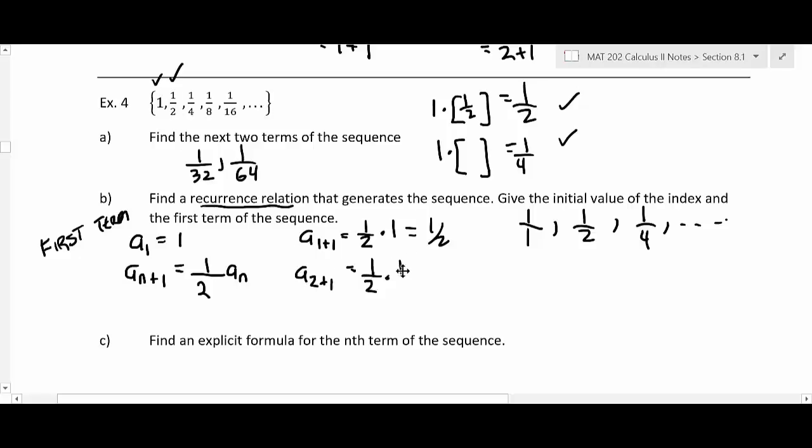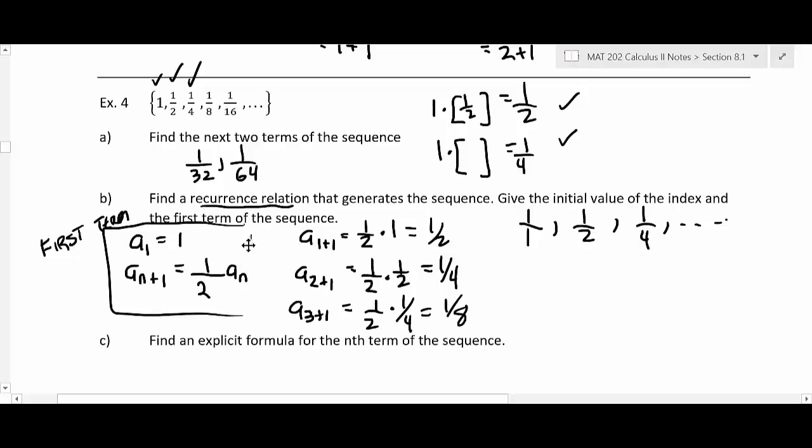A sub 2 is a half, so a half times a half is a fourth. So that's working out. What we're always doing is taking a half of the previous term. And then if you went to the next one, a sub 3 plus 1, you're going to have a half times the previous term, so that's going to be 1/8. So this right here is going to be how you write that recurrence relation.